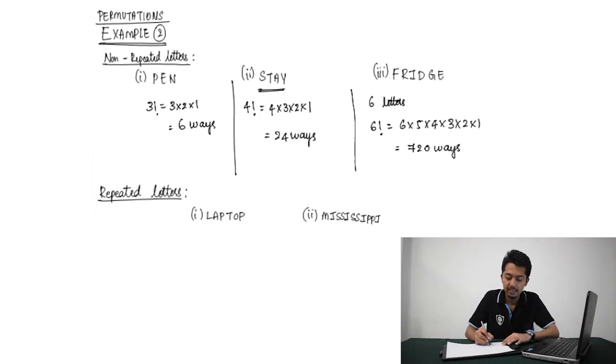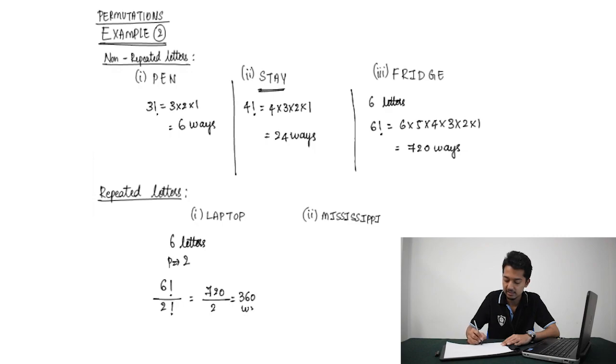We have, for example, in LAPTOP, 6 letters and P is repeated twice. Hence we get 6 factorial divided by the number of repetitions, that is 2 factorial, that is equal to 720 divided by 2, that is 360 ways.